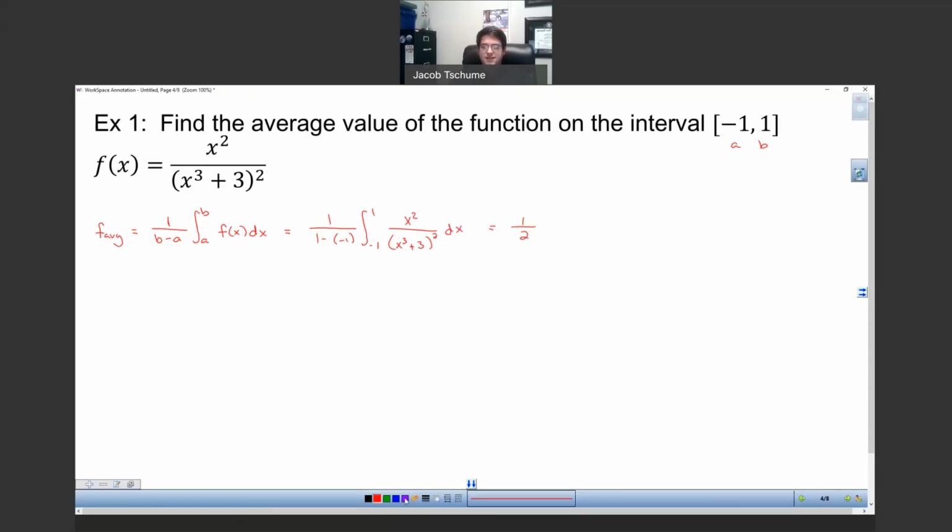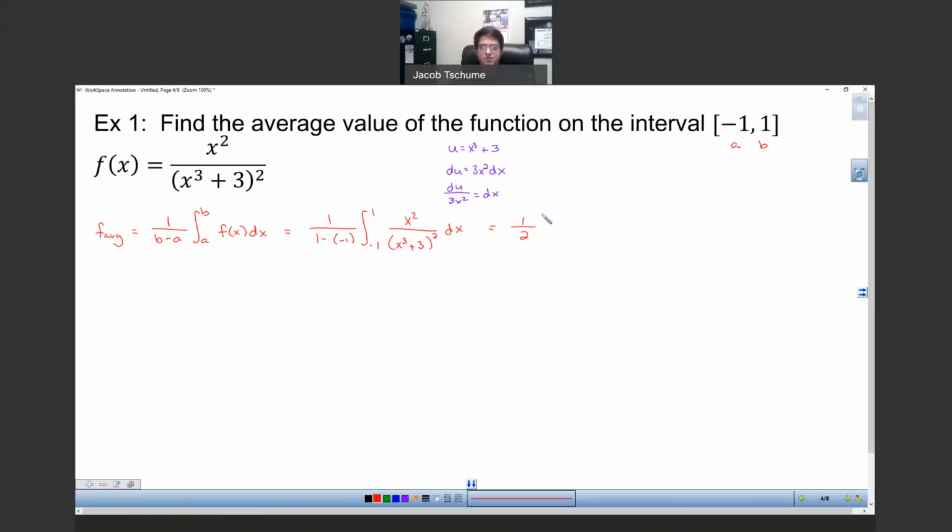And now, as far as integrating this function, it looks like the best way to attack this is going to be u substitution. So up here, kind of out of the way, if I let u be the inside function, which is x cubed plus 3, then I can say that du is 3x squared dx, and therefore du over 3x squared is my dx value.